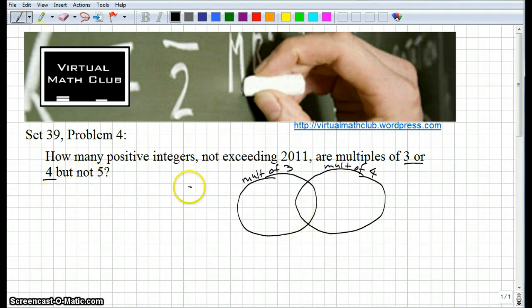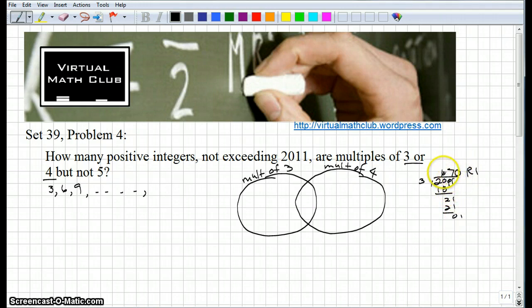So let's take a look at that. Let's first look at the multiples of 3. That's not too bad. We'd have 3, 6, 9, and so on, all the way up. Let's find the biggest multiple of 3 that's less than or equal to, not exceeding, 2011. So let's take 2011 and divide it by 3. 6, that's 18, 21, 7, so that's 21, that's 0, and then we have a 1, so it's 670 with a remainder of 1.